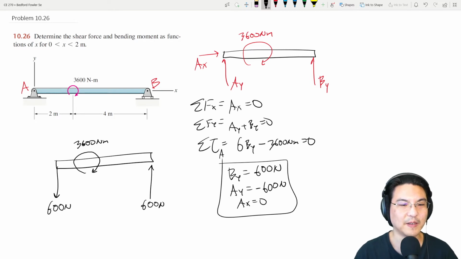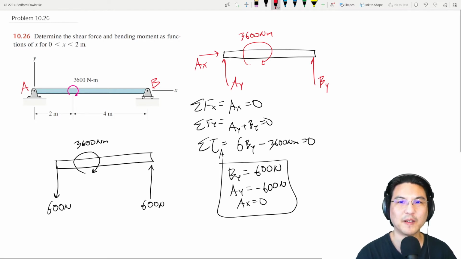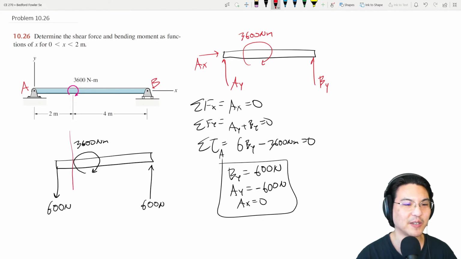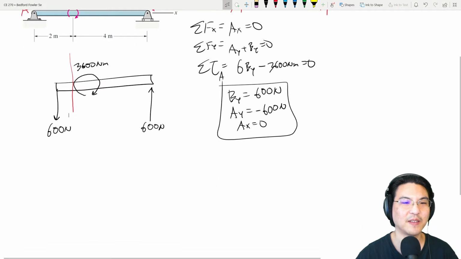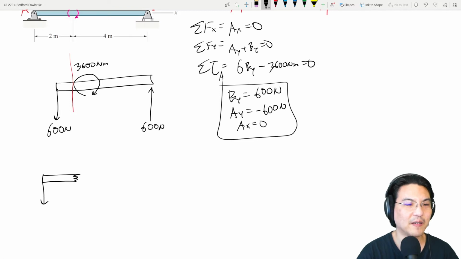Okay, here's the thing. If you cut the beam anywhere between 0 and 2 meters, the left section will always look like this.